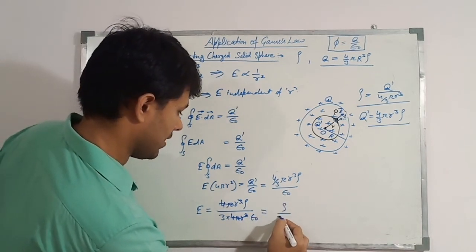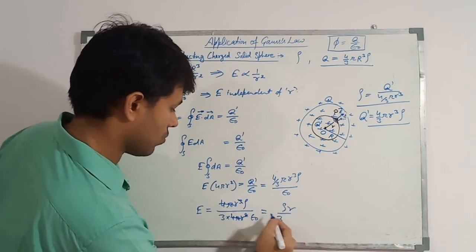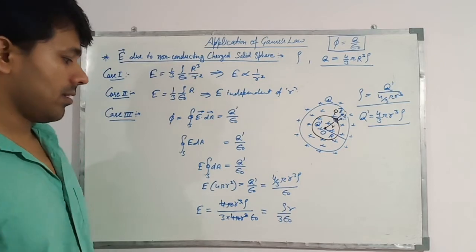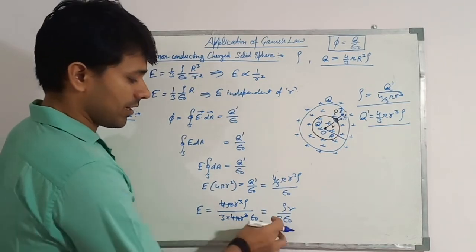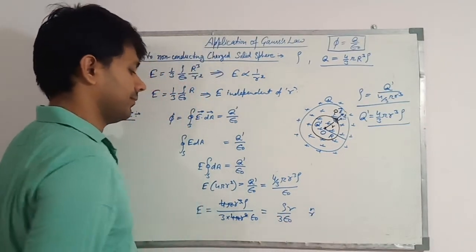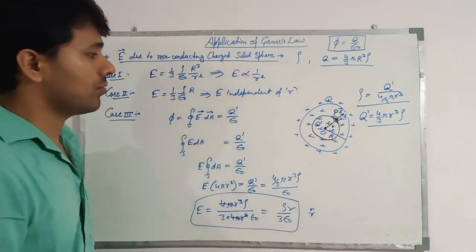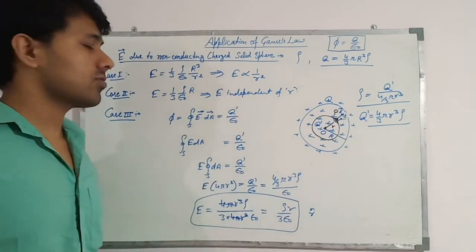Rho r by 3 epsilon naught. The direction of the electric field is radial. This is the electric field due to a point lying inside the solid sphere.